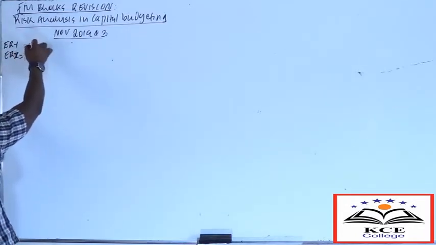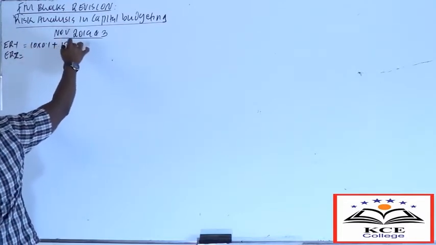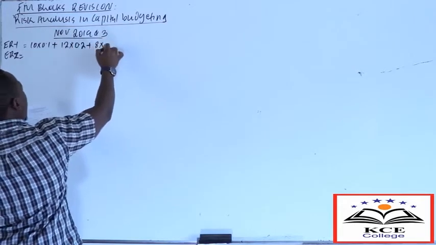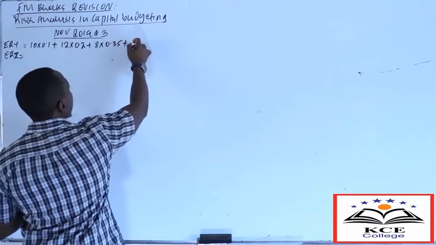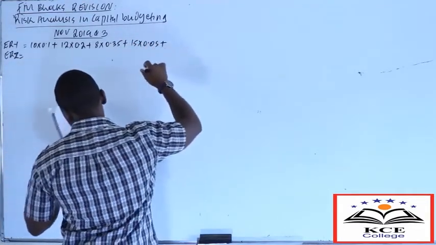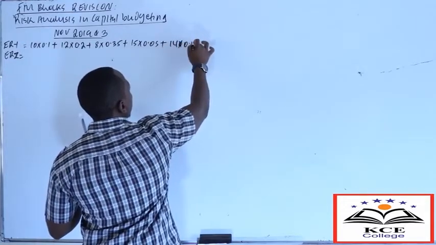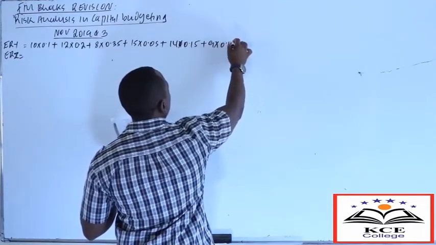For Y, we have a return of 10, probability 0.1. We have 12, probability 0.2. We have 8, probability 0.35. We have 15, 0.05. We have 14, 0.15, and then we have 9, 0.15.